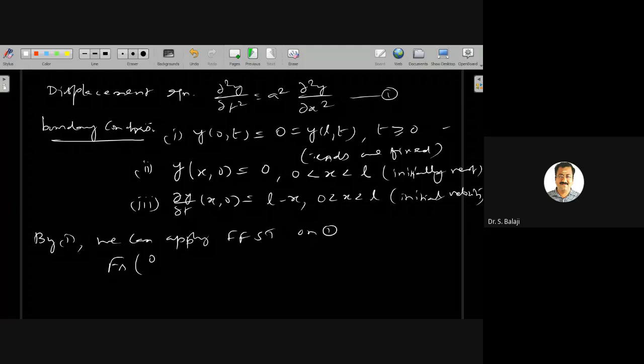That is Fs of dou square y by dou t square equal to a square into Fs of dou square y by dou x square.